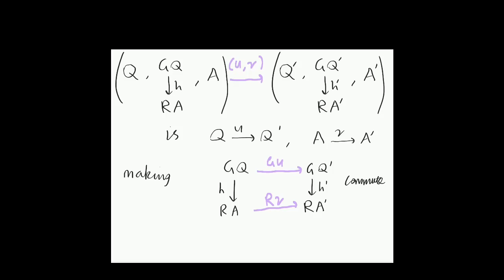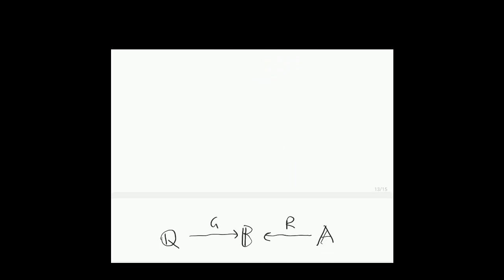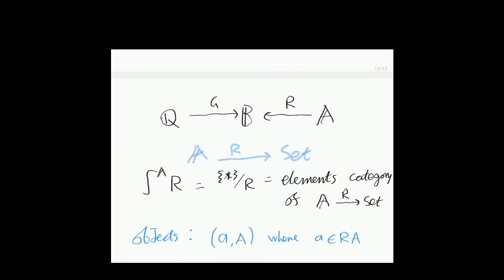Anyway, we're going to be using comma categories today, and what I want to do with them right now is to show you that the elements category can actually be thought of as a special kind of comma category.